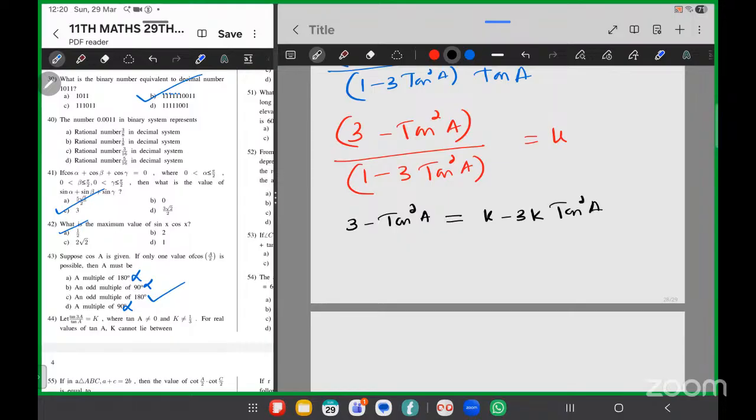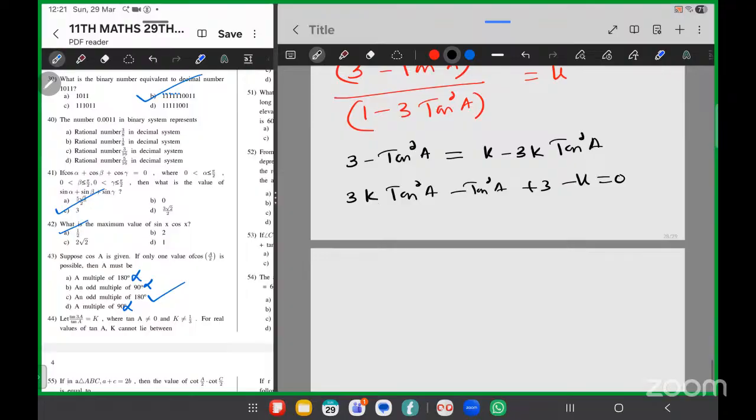That means 3k tan square a minus tan square a plus 3 minus k equal to 0. So tan square a into (3k minus 1) plus 3 minus k equal to 0.